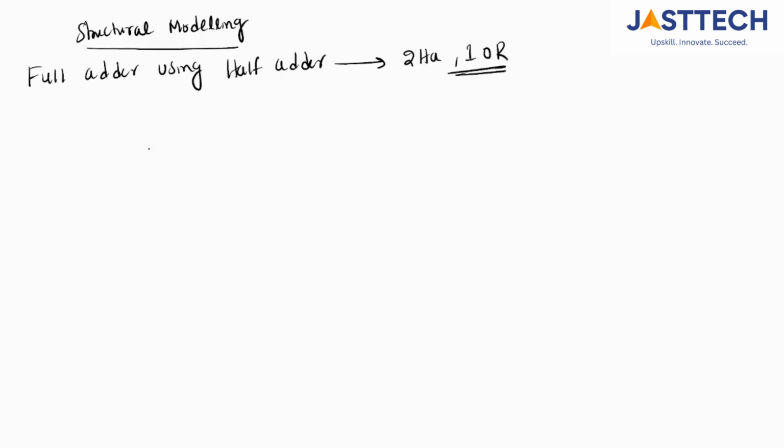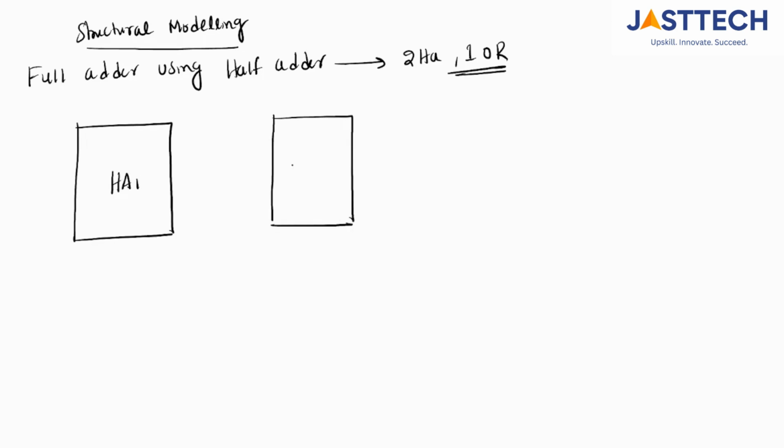Here, how I am designing: I am taking one half adder. Let us take this as half adder one, and this is one more half adder, half adder two. The inputs are A and B, and the outputs are sum and carry.